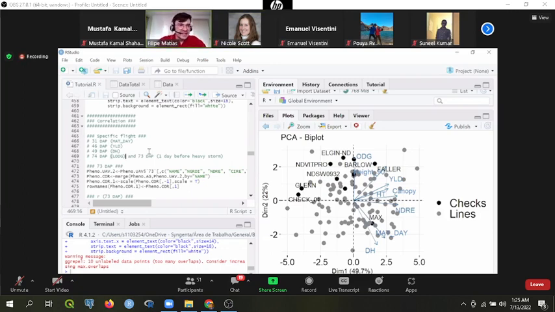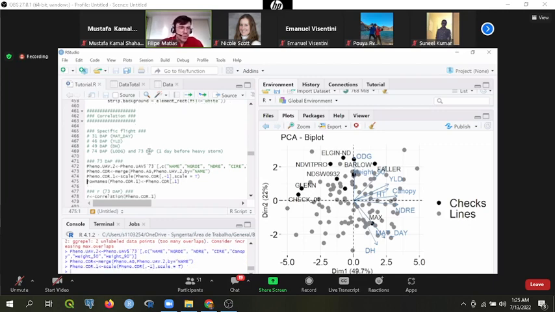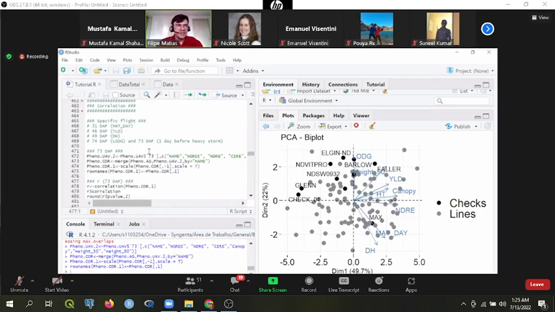Okay, now we're going to talk about correlation. There's some code here to prepare the data to calculate the correlation. In this case, I'm suggesting to use the package agricolae, and there is this function called correlation.